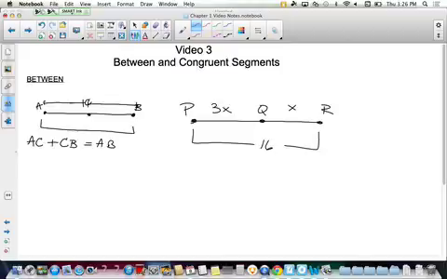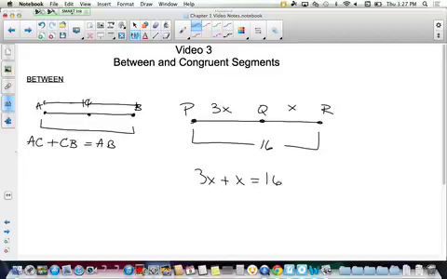I can use the fact that point Q is between to help me write an equation that I can then use to solve for x. If we think about our equation we just got, I can write: 3x plus x equals 16.